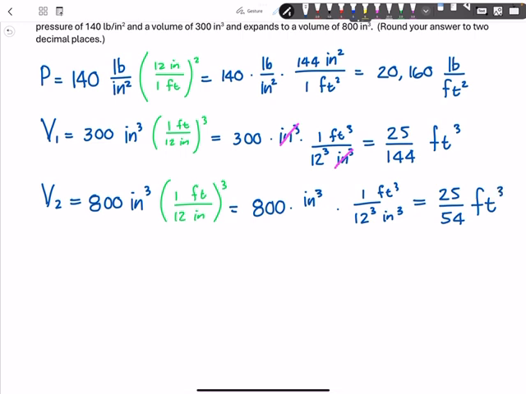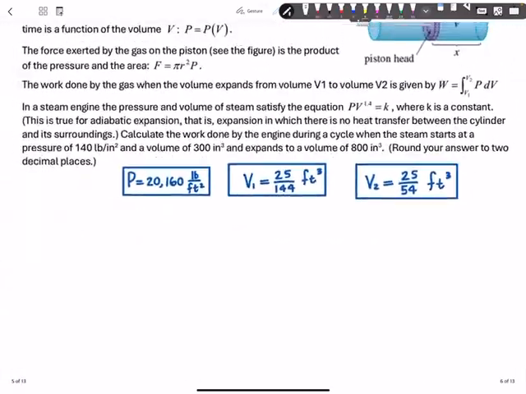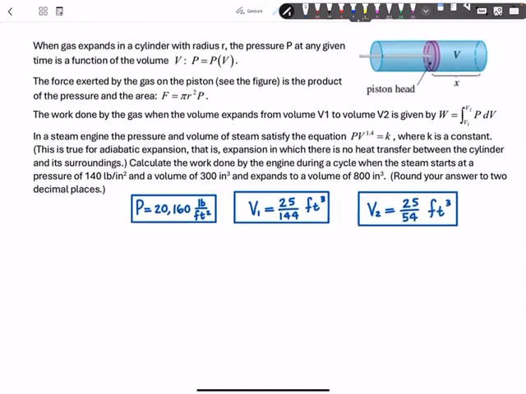All right, so we're now ready to start the problem. I'm going to flip over here. These are the values that I'm going to use. They've already been converted to the correct units.